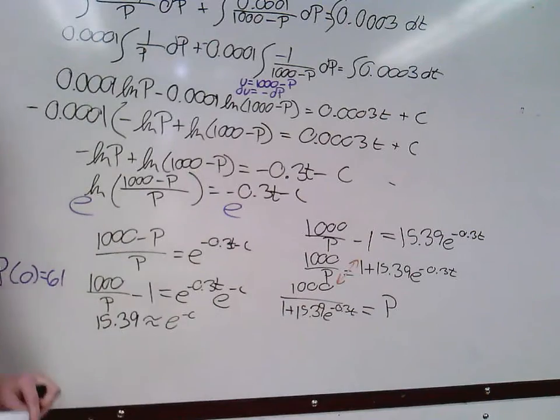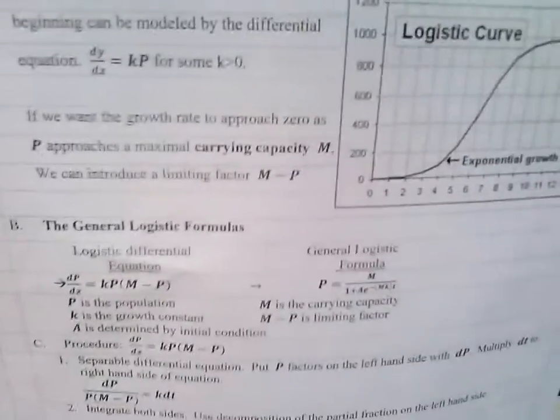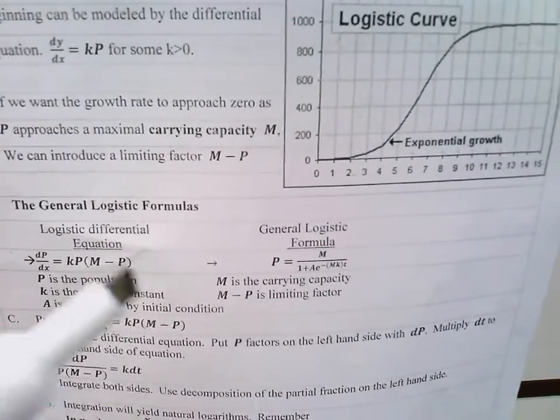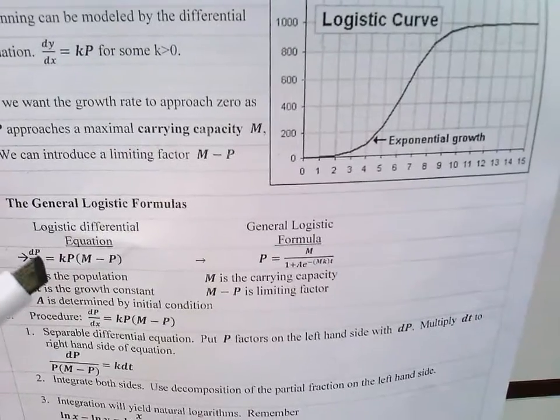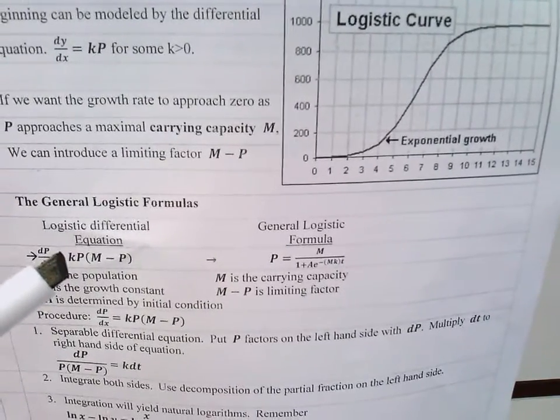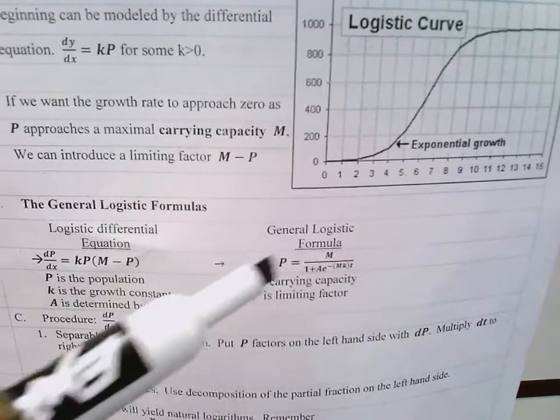Okay? Now, let me show you something. Okay. So for our next equation, we're going to be doing this. So we started right here. Kp is going to be the 0.0003. Well, you got m. M is 1,000.